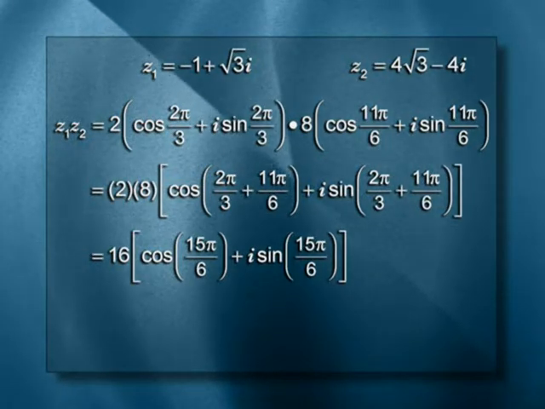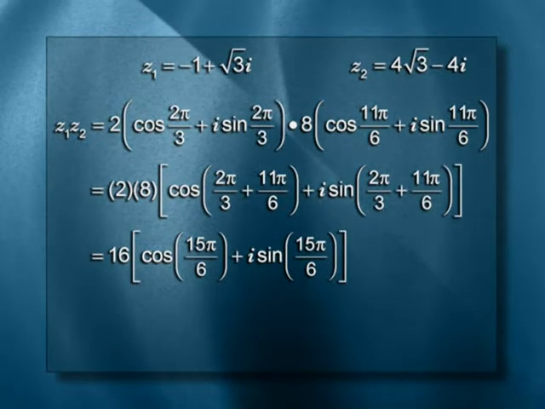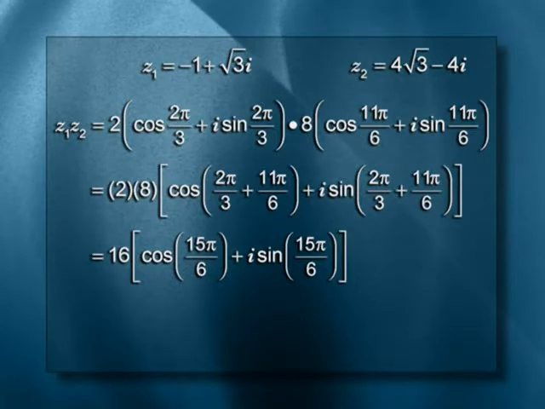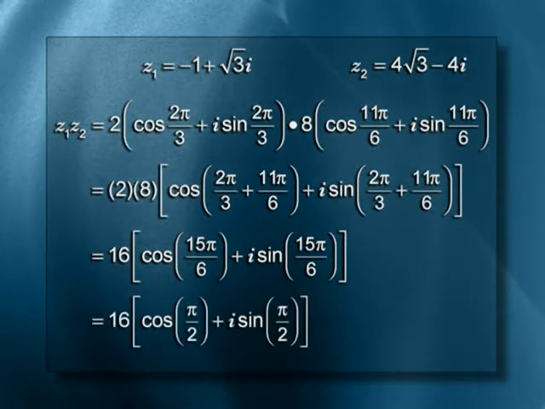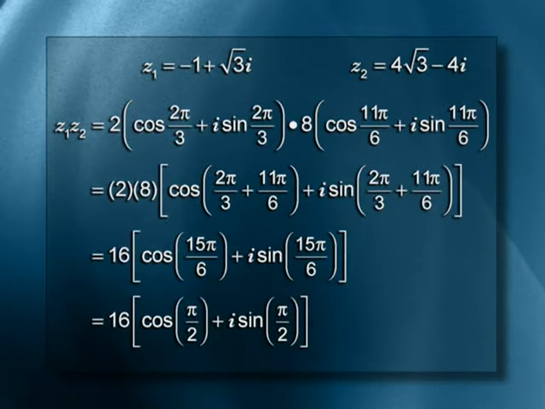Think about it. 12 pi over 6 would be 2 pi, and then I'm left with 3 pi over 6, which is pi over 2. So 15 pi over 6 and pi over 2 are coterminal. So another way of writing this complex number, an equivalent way, is 16 times cosine pi over 2 plus i sine pi over 2.